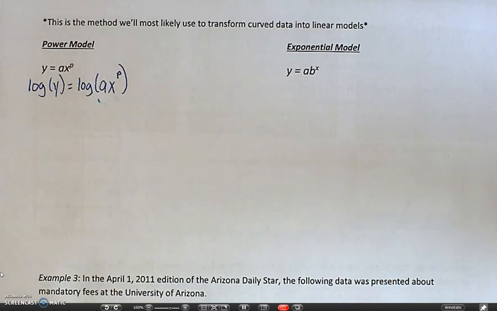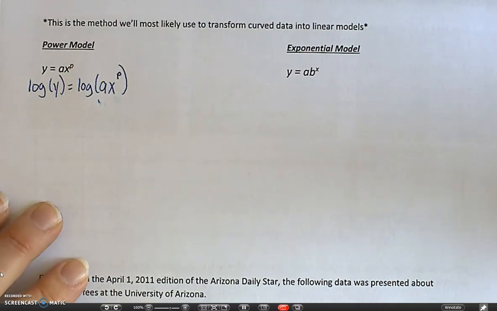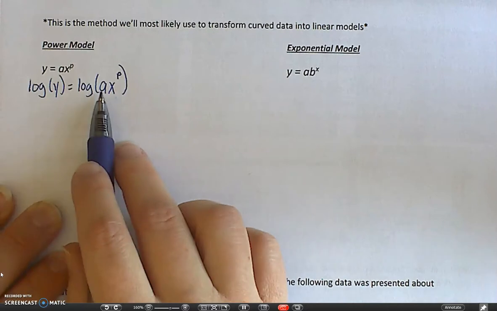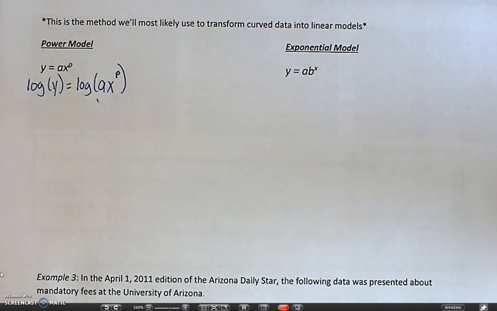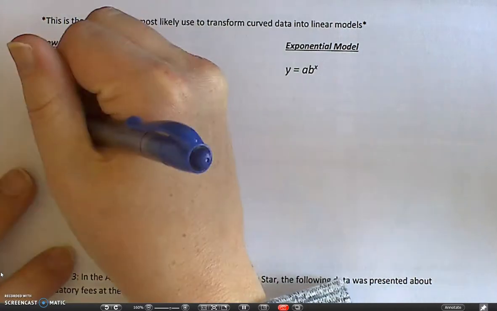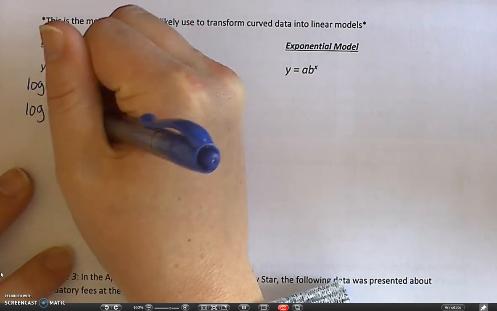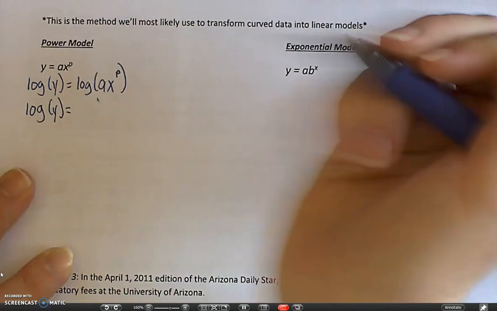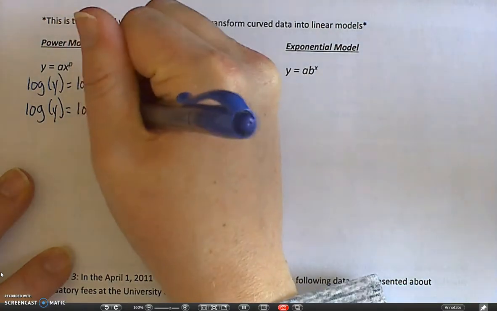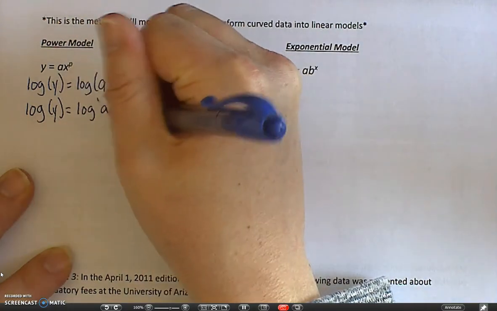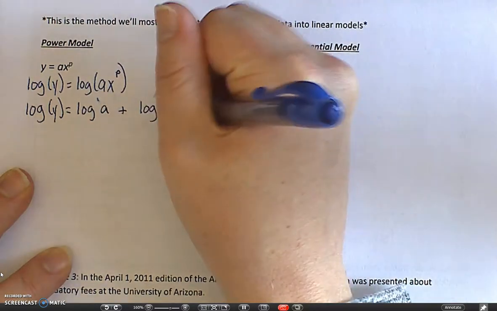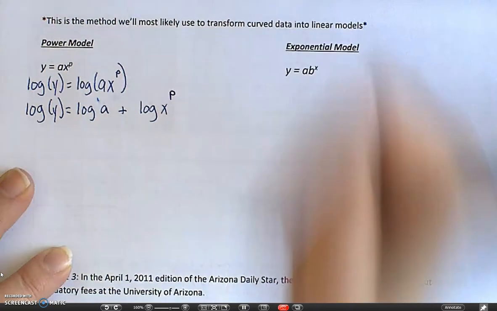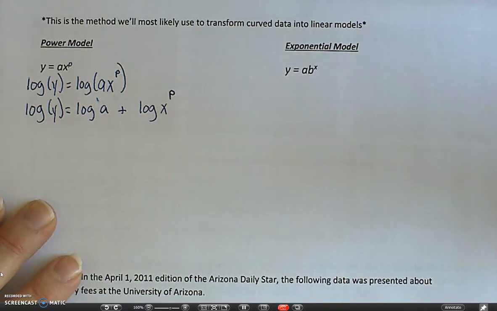Now, a long time ago, your pre-calculus teacher taught you that when you have a product inside a log, you're allowed to separate them using addition. Right? That was a thing you were allowed to do. So using that rule, I can split this into log of a and the log of x to the p. Totally legit.